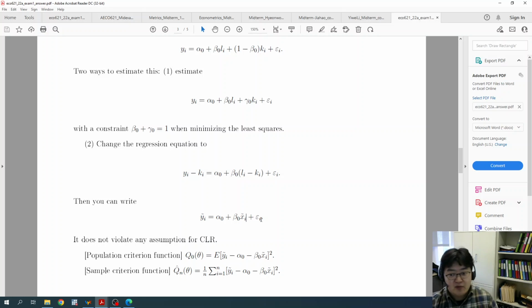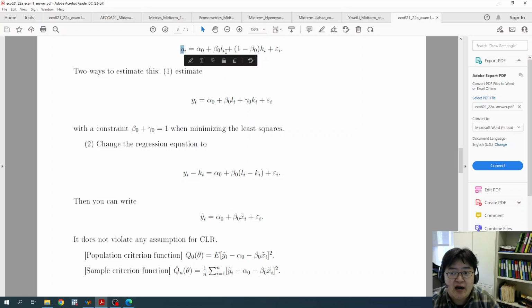From here, it's the easiest possible form of regression equation, and then the sample criterion function. Then automatically, after you calculate beta, you can rewrite this regression equation as this. Not a problem at all.